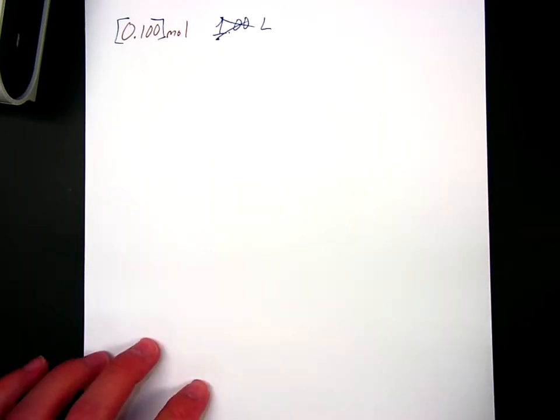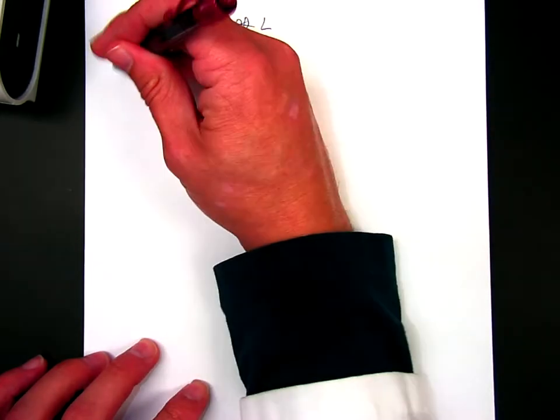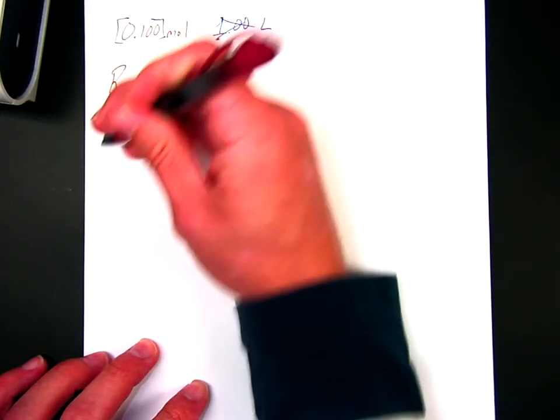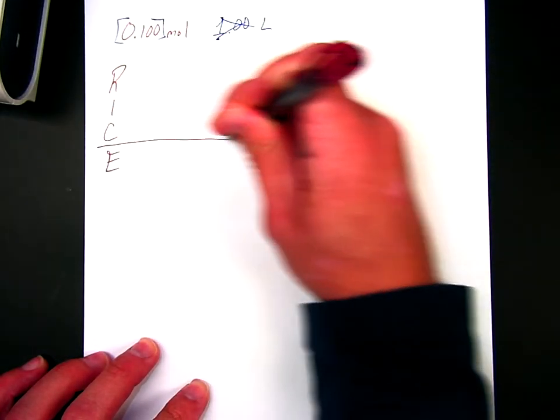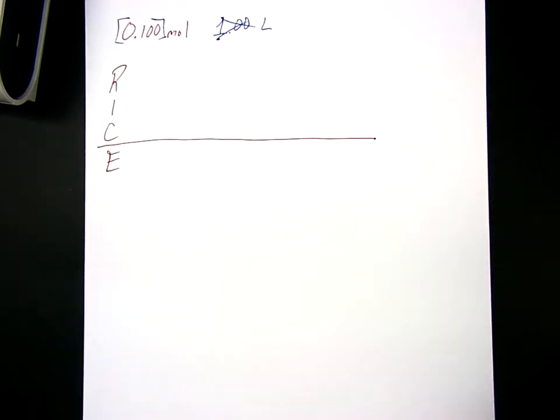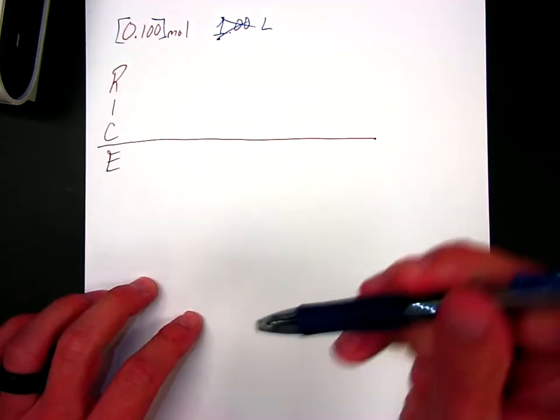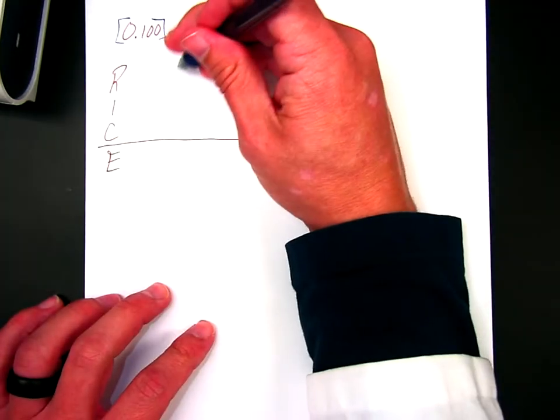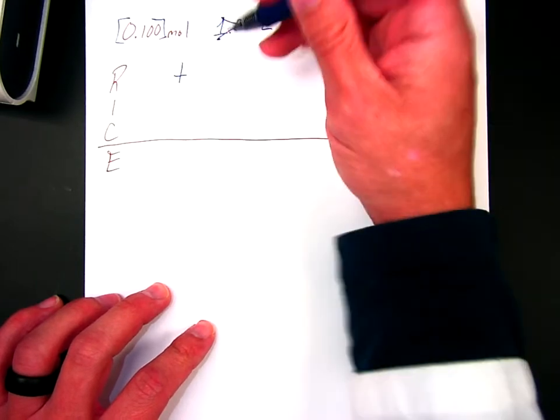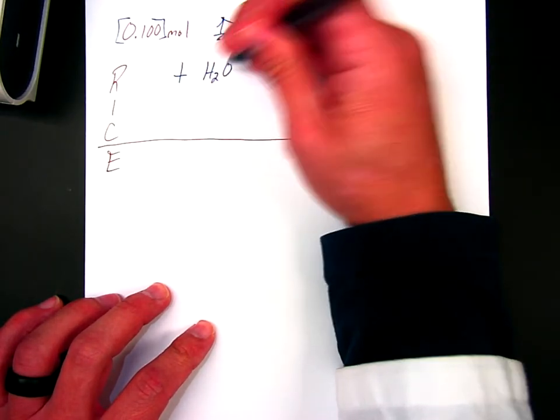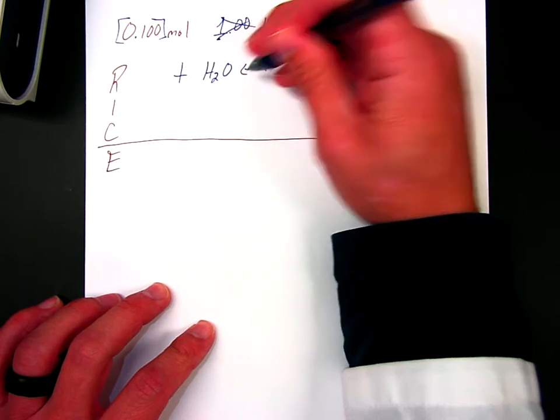So let's just set up the part of the RICE table that we know will absolutely be true. I'm going to leave the very first part blank, but we know that some weak ion is going to be reacting with water because that's what happens in hydrolysis.